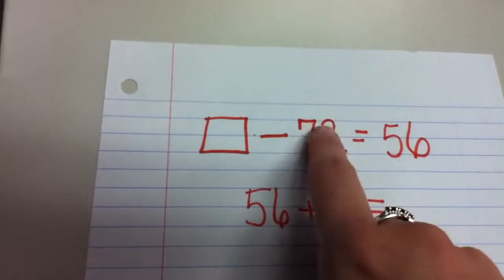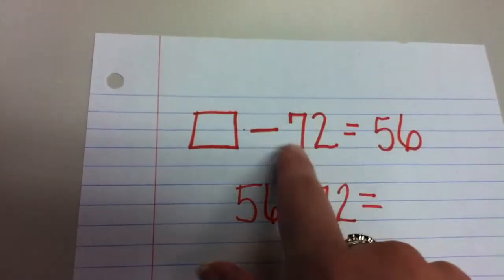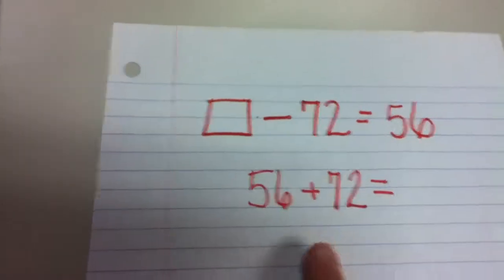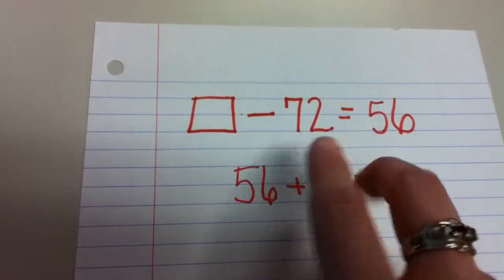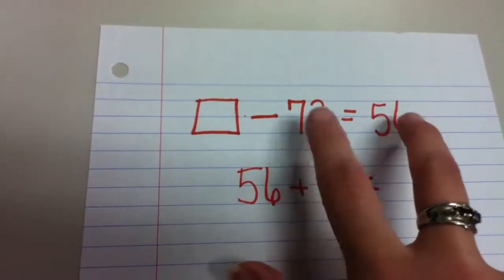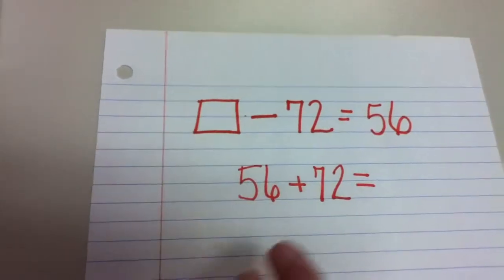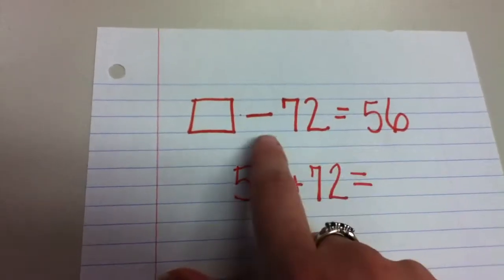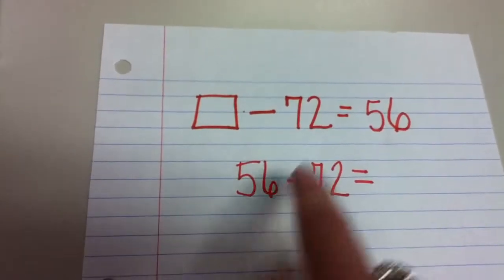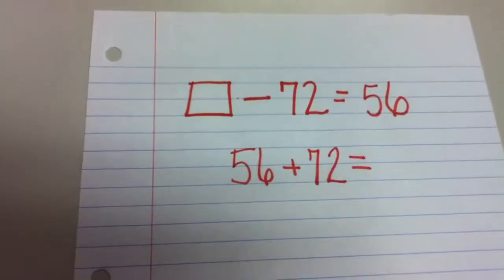So working backwards, you could have the idea that I pretend like I didn't lose these 72. And so what I would have to do to figure out this amount is, I really do have the two parts. It's just that a part is down here. I'm really looking for the whole amount. So even though this is subtraction, I have to solve this by working backwards and adding my two parts to be the whole.